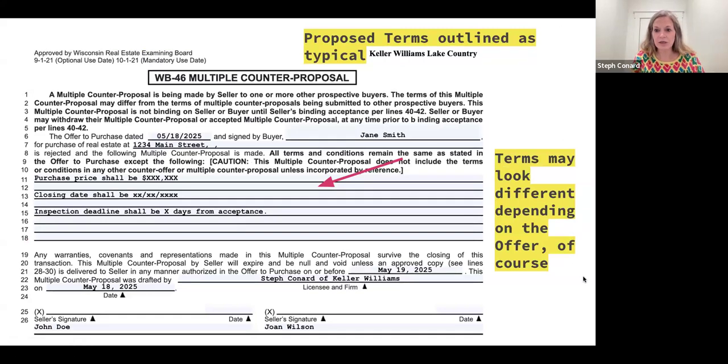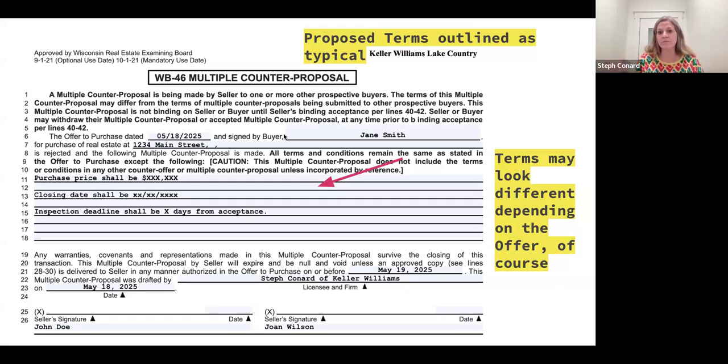Okay, so this is what the multiple counter offer looks like. Starting at line 1, a multiple counter is being made by the seller to one or more other prospective buyers. The terms of this multiple counter proposal may differ from the terms of multiple counter proposals being submitted to other prospective buyers. So no 2 multiple counter proposals may look alike.